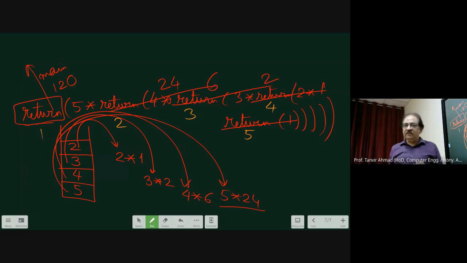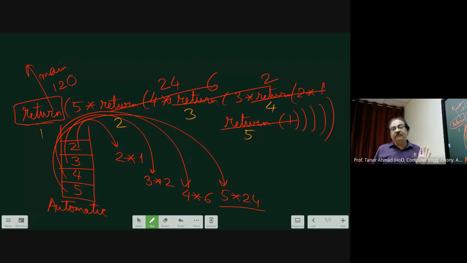And therefore, this method of making a stack is automatically done by the compiler, and you are not concerned with this. This is automatic. We are not concerned with how to maintain the stack and how to put those values.